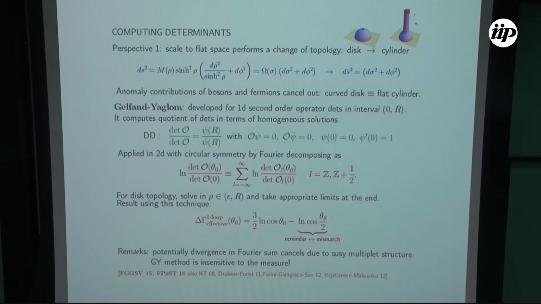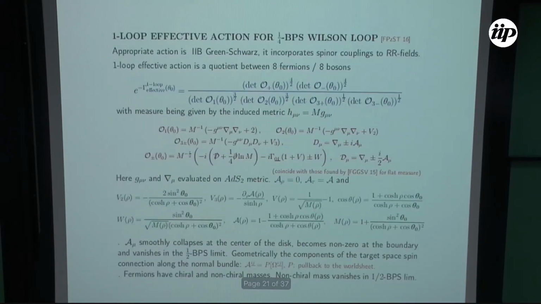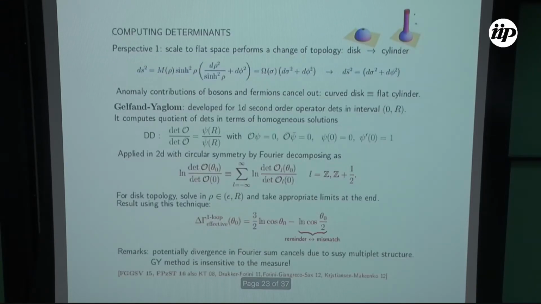If you do this, you have a two-dimensional surface on a cylinder. Everything is circularly symmetric due to the geometry, so we can Fourier decompose. The idea of computing the determinants would be to decompose in each Fourier mode, and then sum over all the Fourier modes.